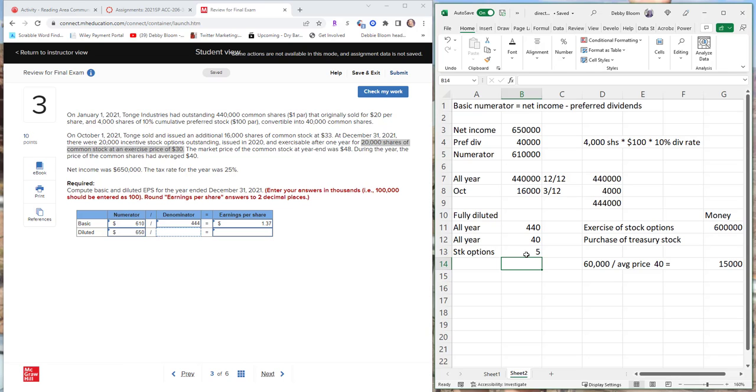Now we also have to deal with the shares that were issued. Those shares that were issued were 16,000.